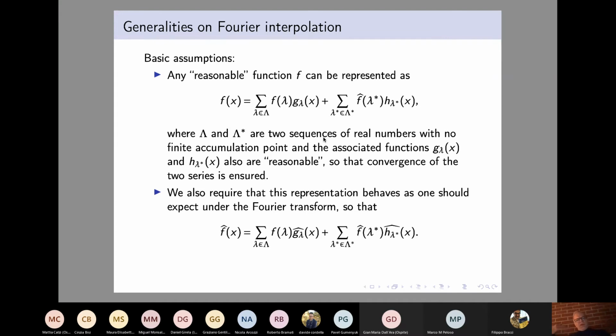And we also require that there is a dual representation, so f hat should be expressible in the same way. What I'm basically doing is taking the Fourier transform of this relation, and I get a similar thing for the Fourier transform. These are quite reasonable things to require. But I don't assume anything about minimality, which is what we had in our theorem. I don't assume that we have completeness or minimality of this representation. This plays no role in the arguments.